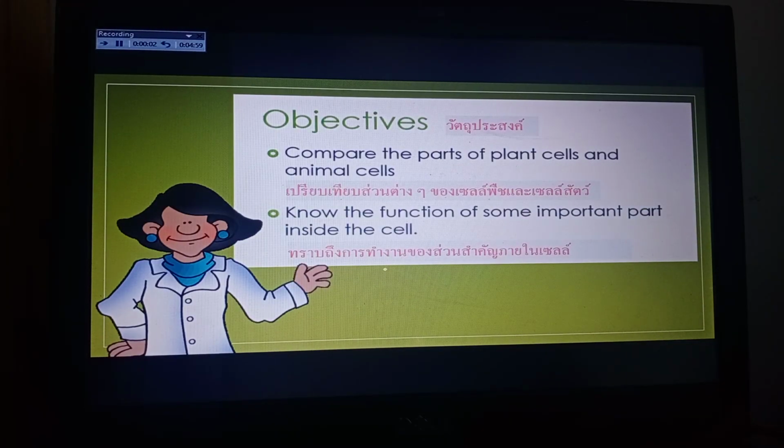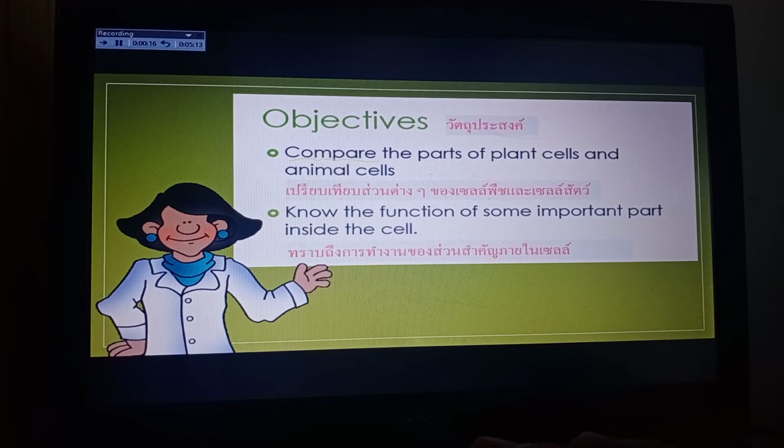So our objectives for today: first, we have to compare the parts of the plant cells and animal cells. When we say we need to compare, as I said earlier, are they different or are they the same? Okay.